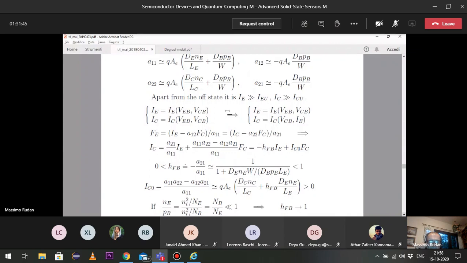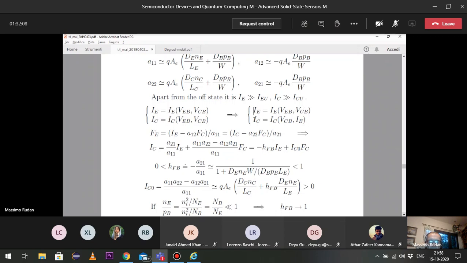Probably you remember that in the circuit theory for the bipolar transistor, it is also convenient to use another representation that is called mixed. In the mixed representation, the emitter current is still expressed as a function of the two voltages, VEB and VCB.